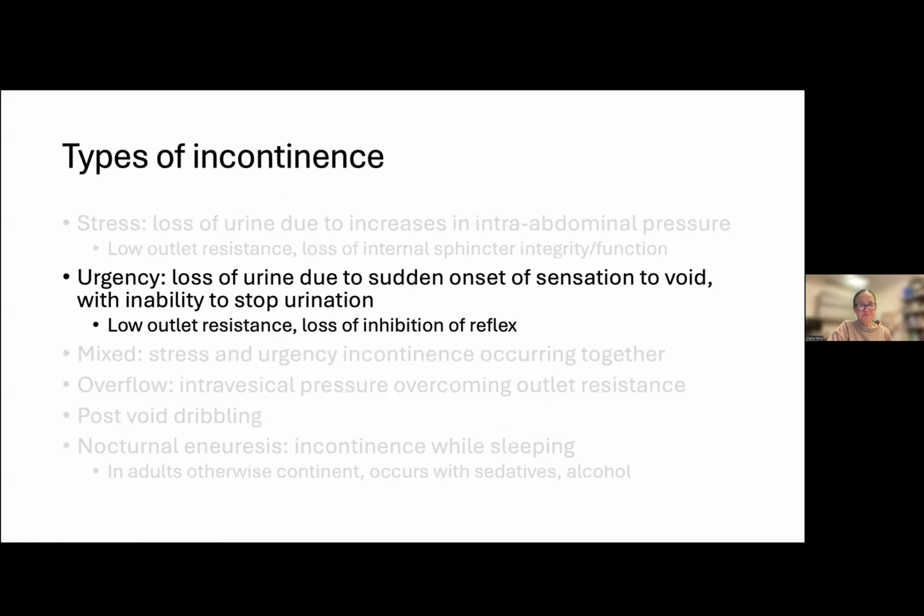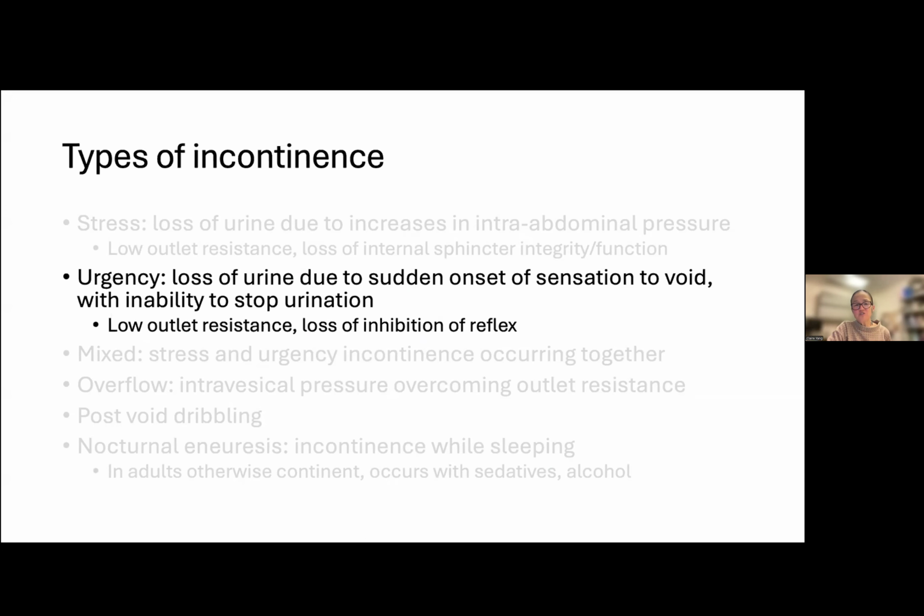There's also urgency incontinence. This is loss of urine due to a sudden onset of a sensation to urinate that you can't put off. Okay, so typically we would not have these sudden onsets of a sensation to void. If we have a sensation to void, say when we're standing in line at the grocery store, we should be able to say, okay, I don't really want to go to the bathroom right now, let's wait till we go home, and the brain sends signals down to the bladder to not squeeze.